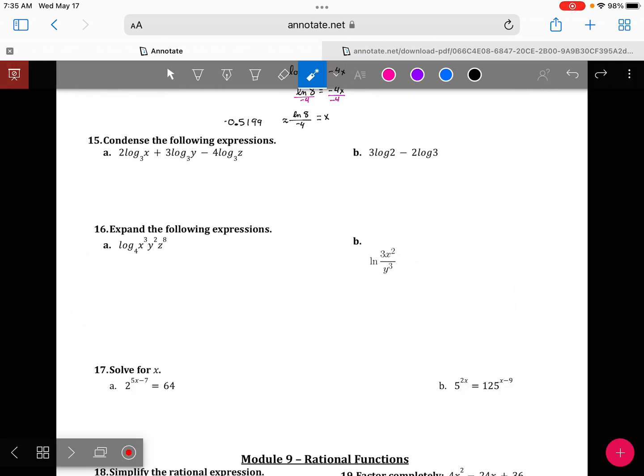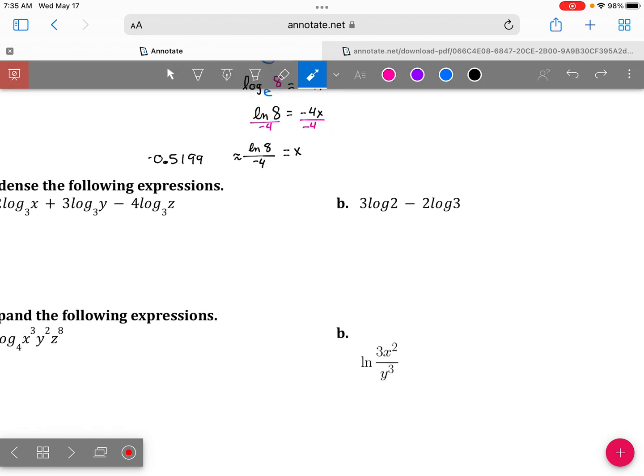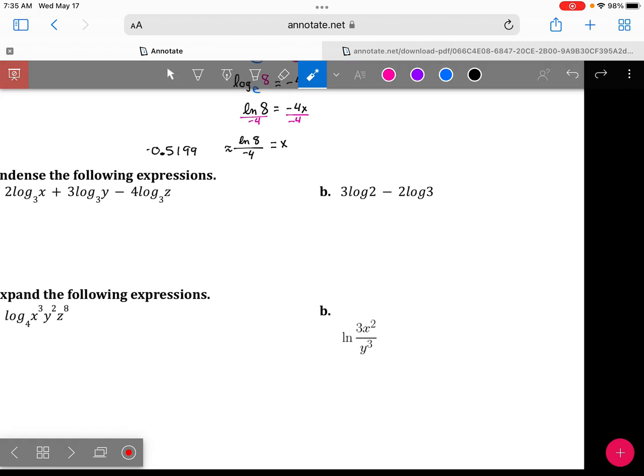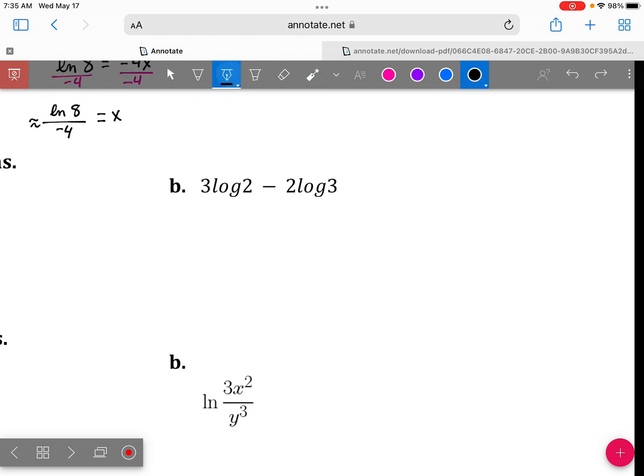All right, we've got a condense, an expand, and a solve. So condensing and expanding are the same steps, which you may want to have. That's our rules: powers become multipliers.